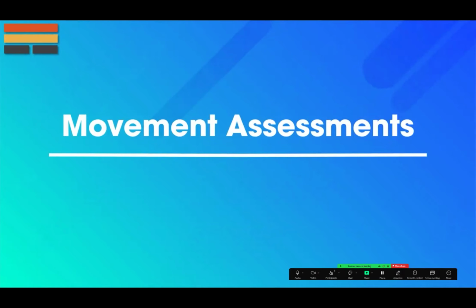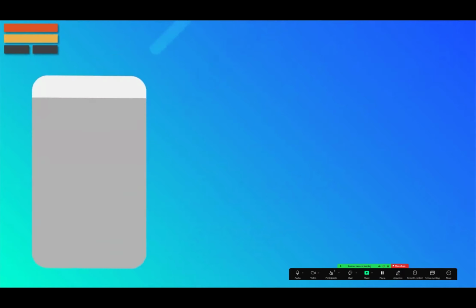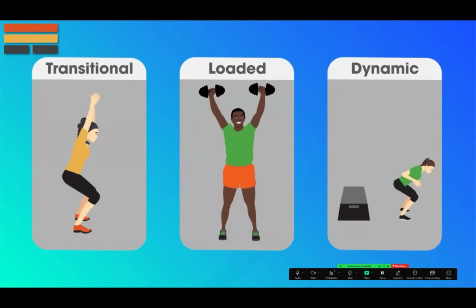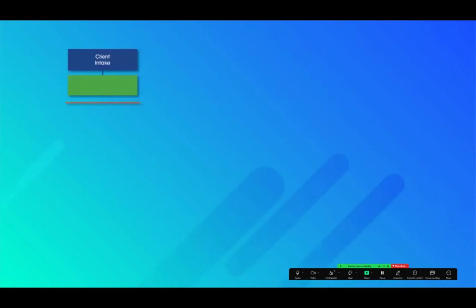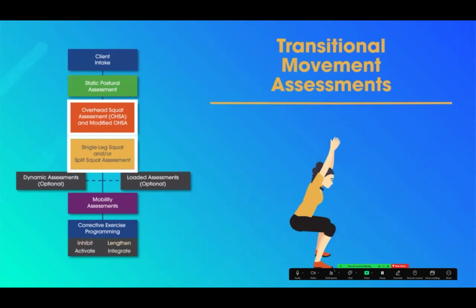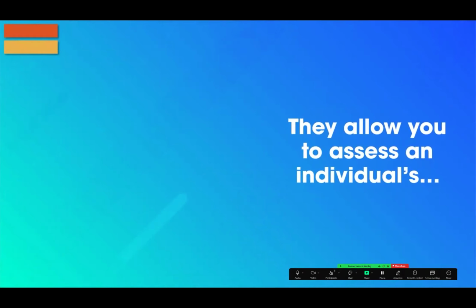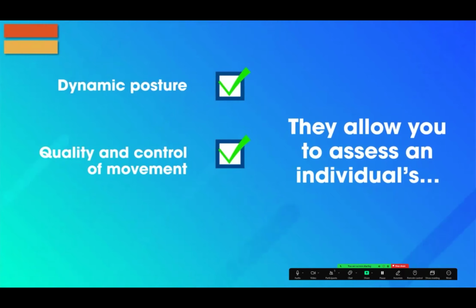Movement assessments can be grouped into three categories: transitional assessments, loaded assessments, and dynamic assessments. Transitional movement assessments involve movement without a change in the base of support, with both feet on the ground. They allow you to assess an individual's dynamic posture, quality, and control of movement and joint alignment.